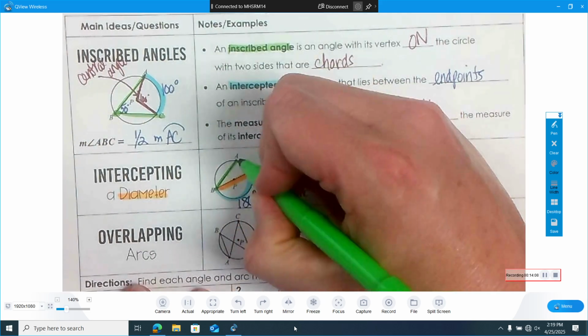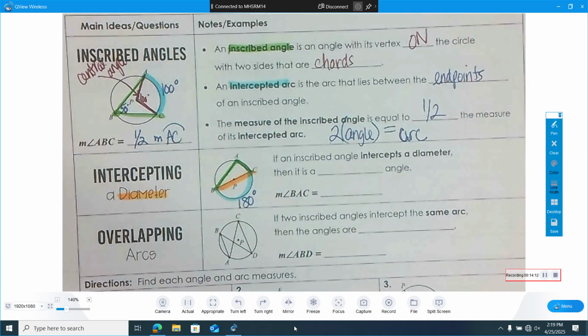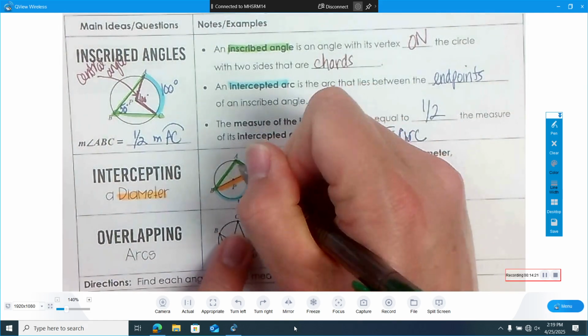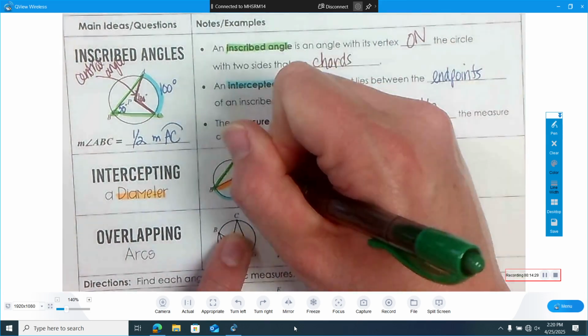And I have an inscribed angle. Angle BAC is an inscribed angle. All 3 points are on the circle. So what's the measure of that inscribed angle? 90. How'd you get 90? Because it's like half 180. Half of 180, absolutely.